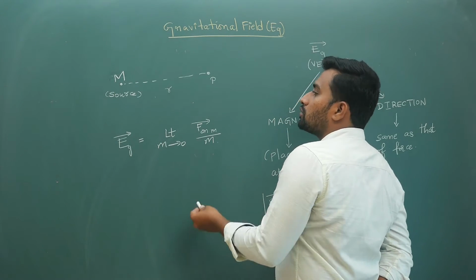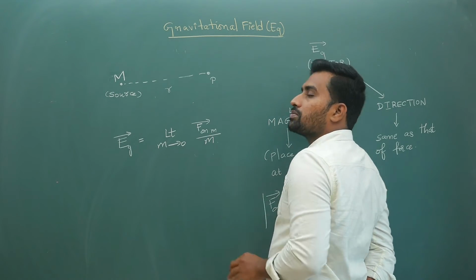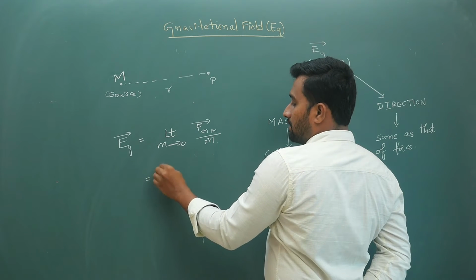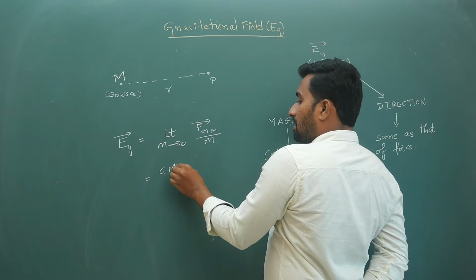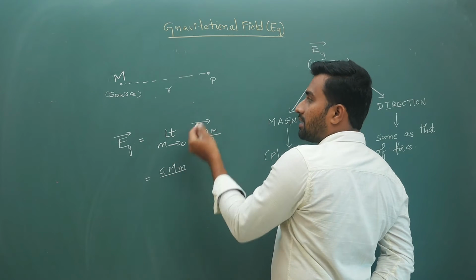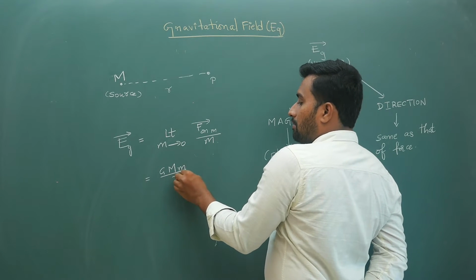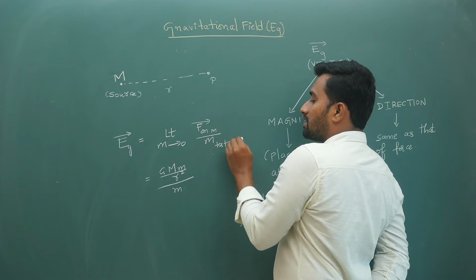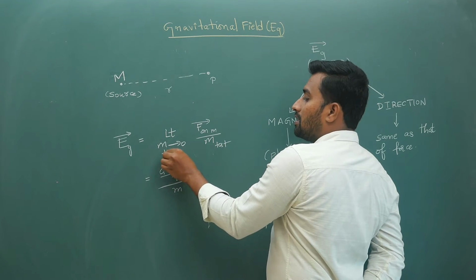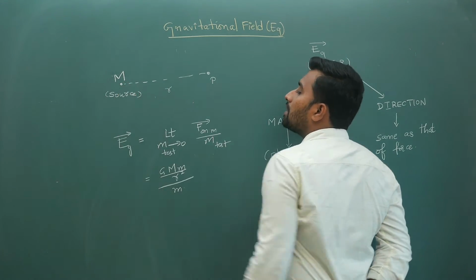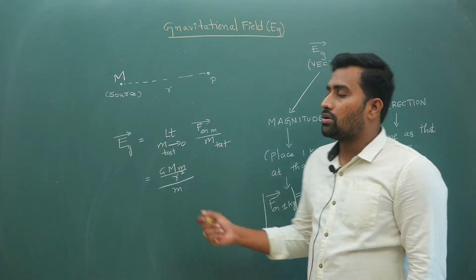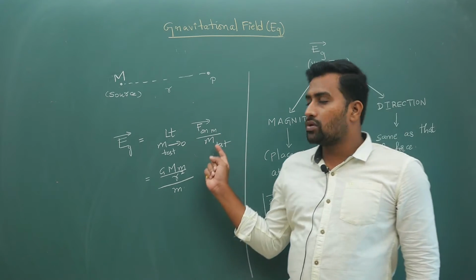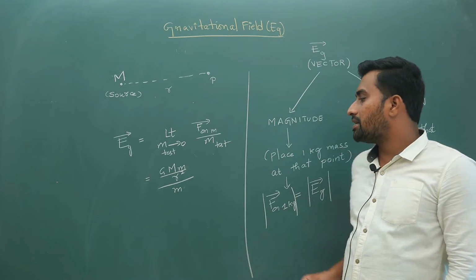You are supposed to calculate your force per unit mass. So this F by m is G capital M small m by r square, divided by small m. This small m is your test mass, capital M is your source mass. So your gravitational field correct definition is this, force per unit mass.